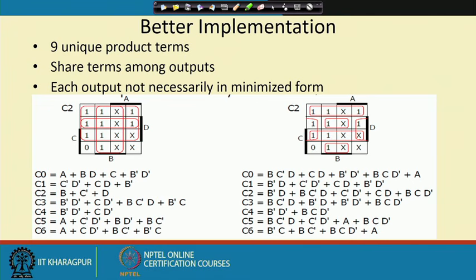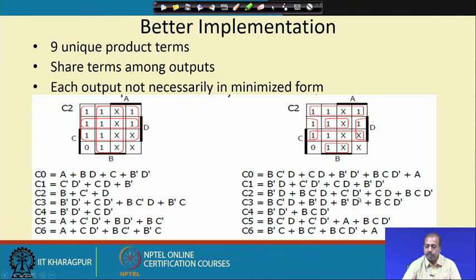Whenever you have multi output functions, the goal is to share the product terms between outputs, and this is one such example where we see that if we group in a different fashion, then for example, this C2, instead of grouping like this where we get B plus C bar plus D, in this type of grouping you will get C2 as a term like this, but the good thing is that you do not need any new term.